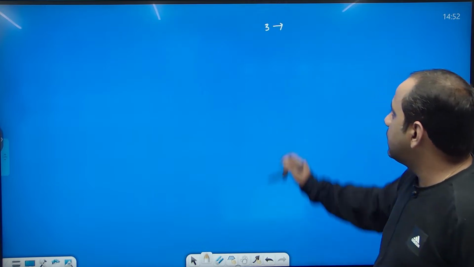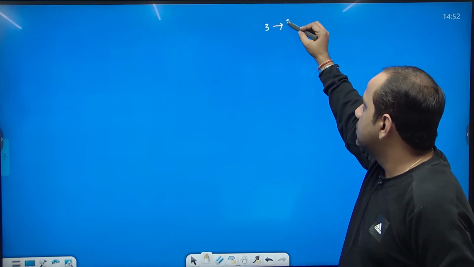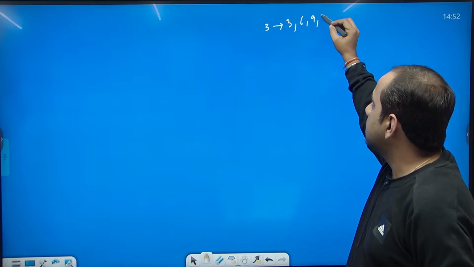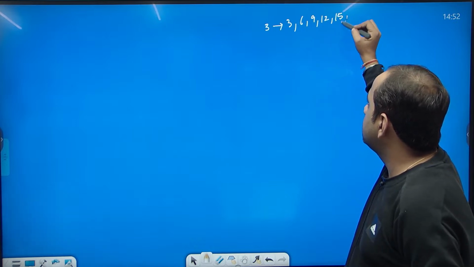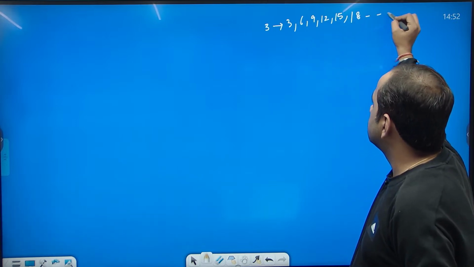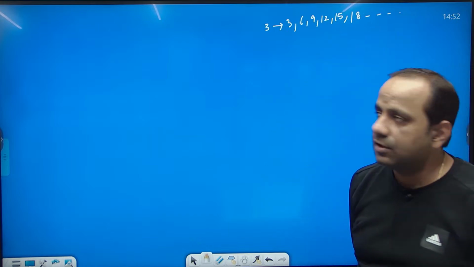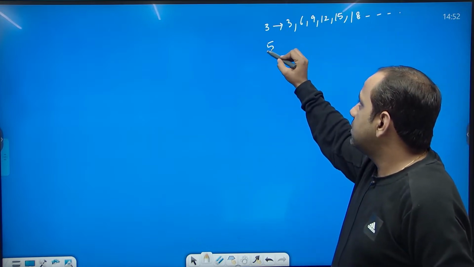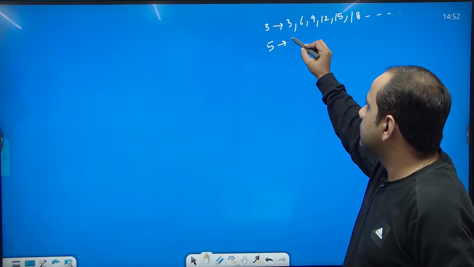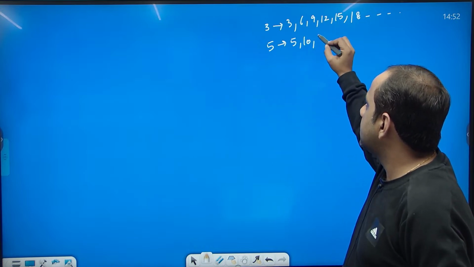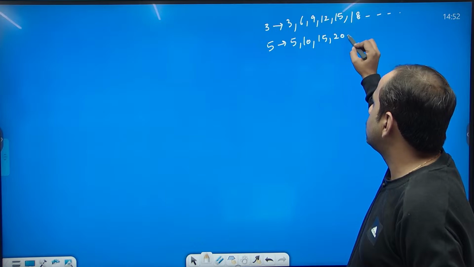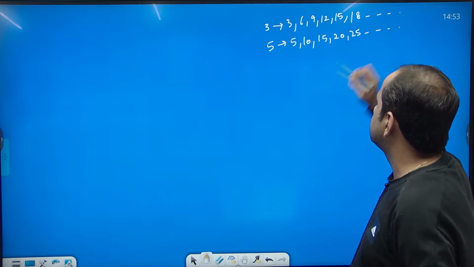Now, if I say what are multiples of 3? 3, 6, 9, 12, 15, 18 and so on. These are multiples of 3. Same way, if I say what are multiples of 5? It will be 5, 10, 15, 20, 25 and so on.